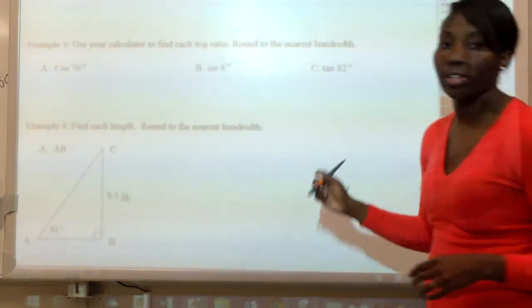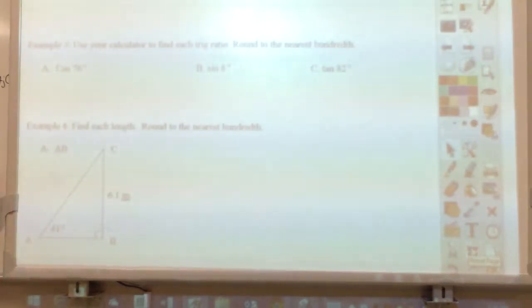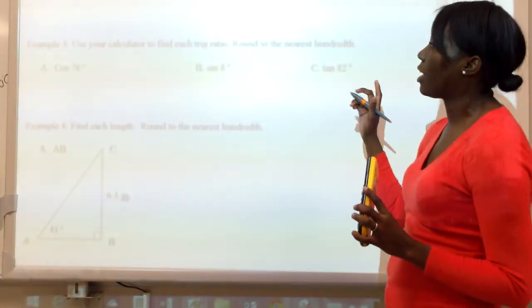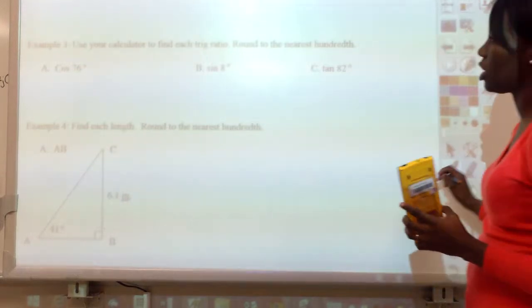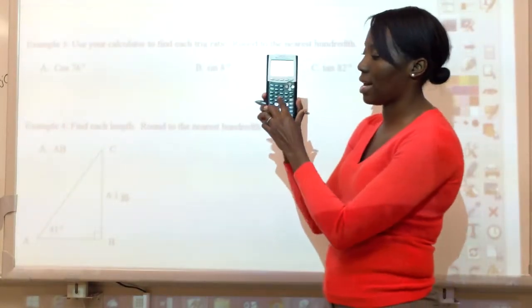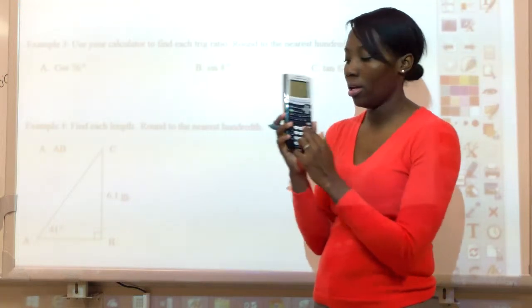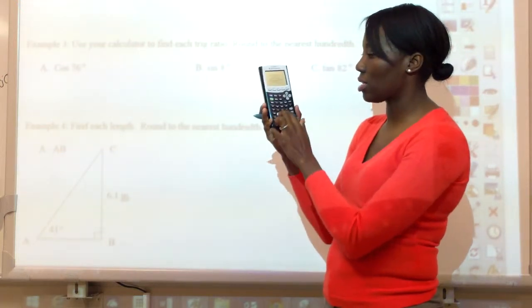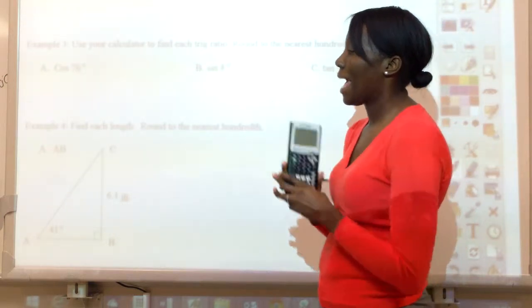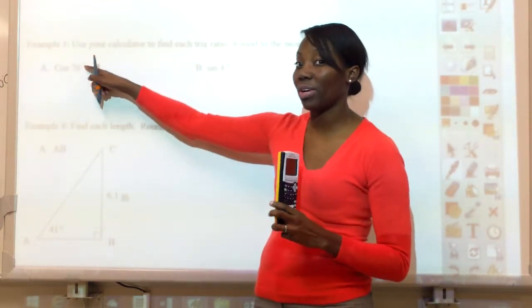Now you need your calculators, so get your calculators. It's very important with your calculators that you know this. Use a calculator to find each trig ratio. So we're typing in cosine 76. Cosine, sine, and tan are all right here in black. Cosine is right there, COS. So I type in cosine 76, and then you must put that little degree symbol there.